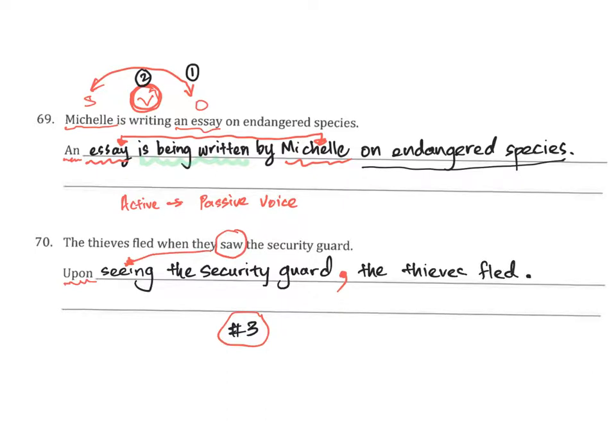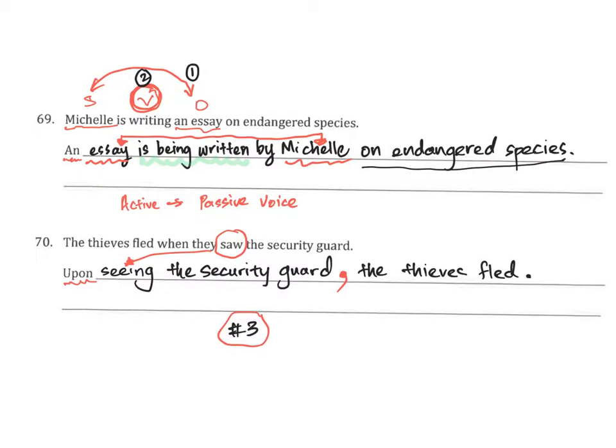All you need to remember is that you've got to change the verb over here, saw, into the participle seeing. Whenever you see the words upon seeing, upon hearing, upon waking up, upon looking, upon jumping, right? So it's always paired with an ing participle.